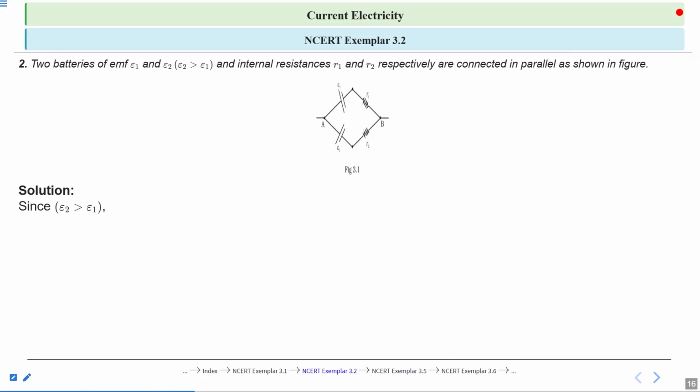Since epsilon 2 is greater than epsilon 1, the ratio of epsilon 2 upon epsilon 1 will be greater than 1. So in epsilon 2 upon epsilon 1 R1 plus R2, since epsilon 2 upon epsilon 1 is greater than 1, this whole term will be greater than R1 plus R2.